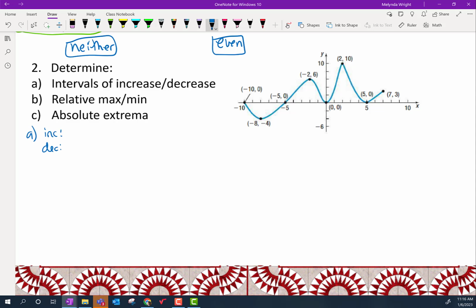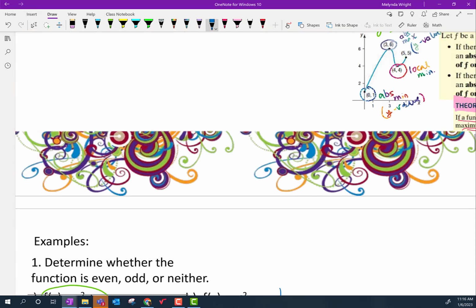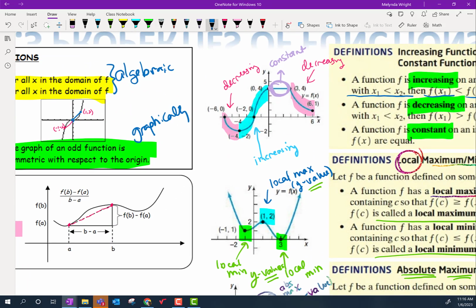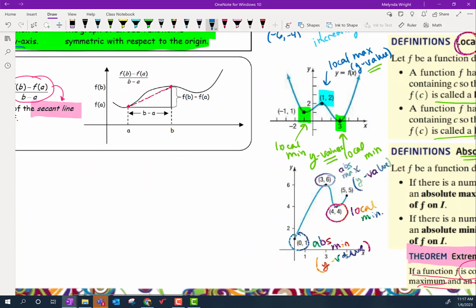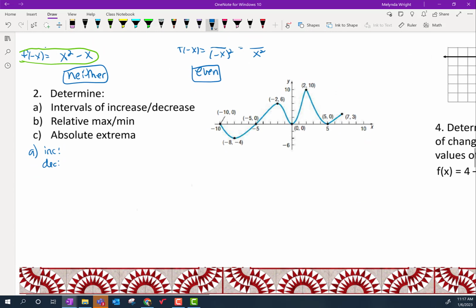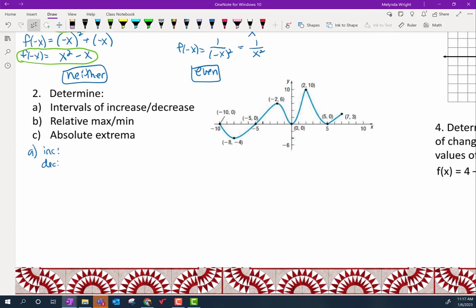When we were talking about increase and decrease up here, we were looking at a whole interval. So here we decreased from -6 to -4. That's what that pink part means. It was an interval, right? We're not looking for just one value. Okay, so let's look at increase. From here to here, this is increasing.